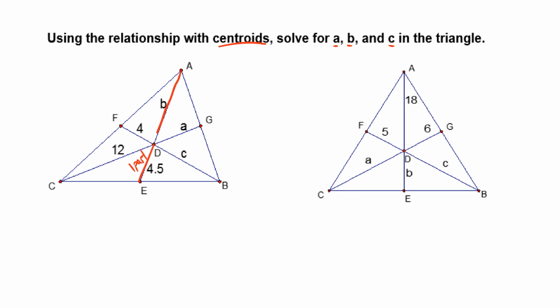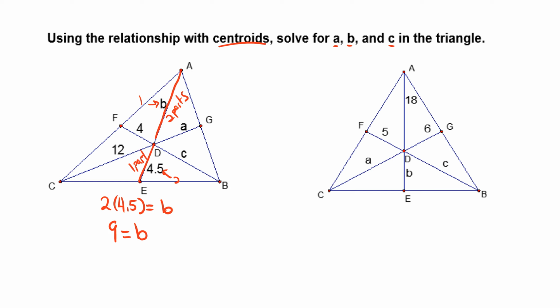And then this is going to be 2 parts. So if 4.5 is 1 part and B is 2 parts, could I write an equation that says 2 of these is going to equal 1 of those? So I can say 2 times 4.5 is going to equal 1B. So that means B, if we just simplify this, is going to be 9.